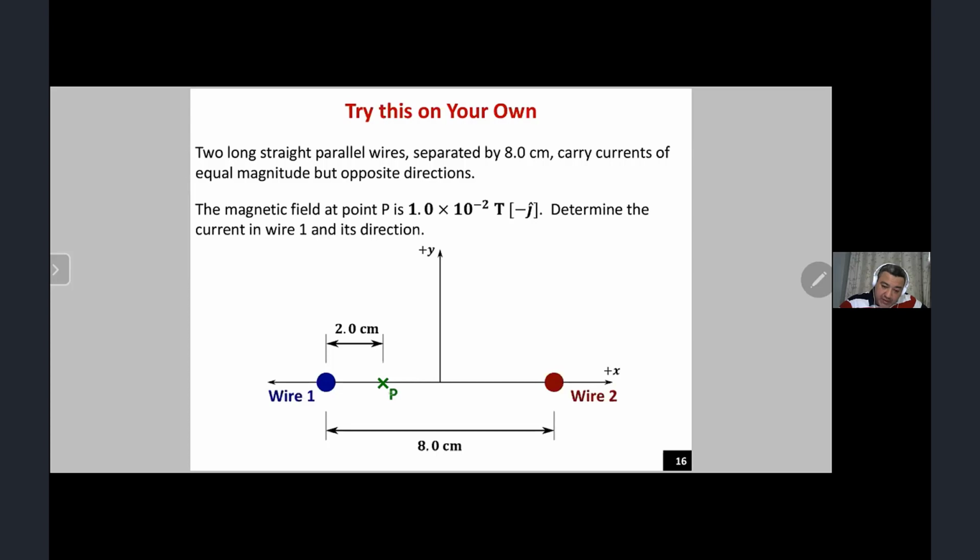Point P is 2 centimeters from wire 1, and this results in point P being 6 centimeters away from wire number 2.